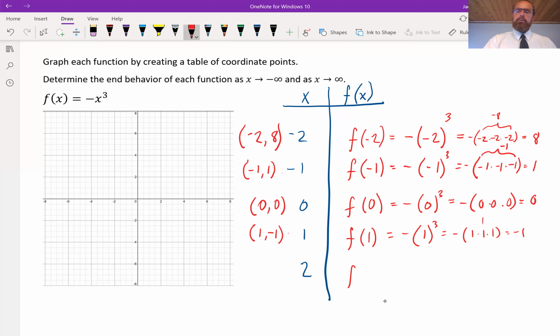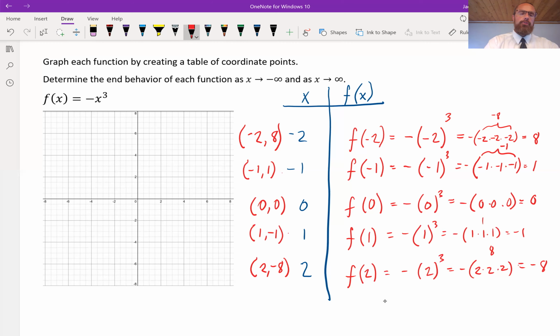See if you can predict what the output for f at 2 will be. It's -2 cubed, -2 times 2 times 2. That inner product's going to be 8. Negative makes it -8. Did you say -8? Good. 2, -8.